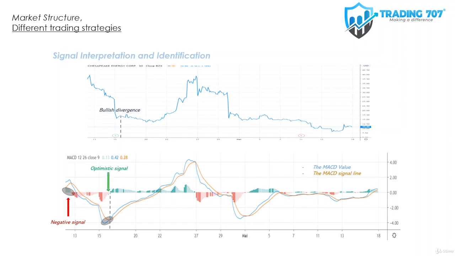The MACD indicator therefore shows an increasing histogram as well as an upward crossing of the value line with the signal line. At this point, everything was in place to confirm the hypothesis of an optimistic future market. This hypothesis was subsequently confirmed a few days later.